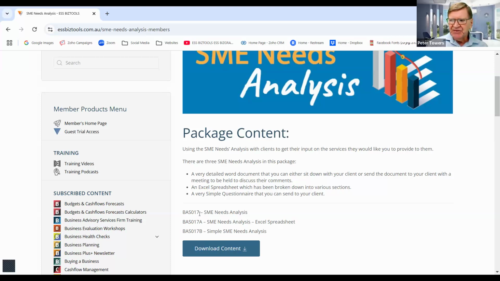We have BAS 017, that's the detailed SME Needs Analysis. We also have the SME Needs Analysis in an Excel spreadsheet, which is BAS 017A. And in BAS 017B, we have a simple SME Needs Analysis, which you might prefer to use.